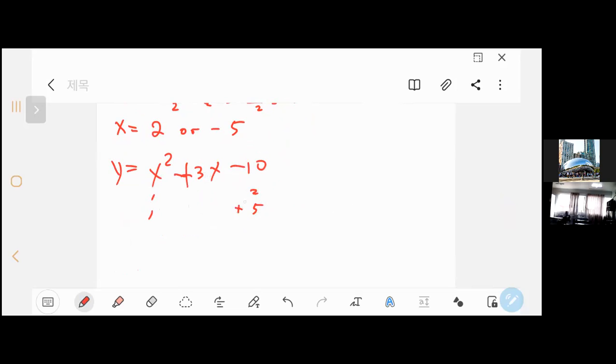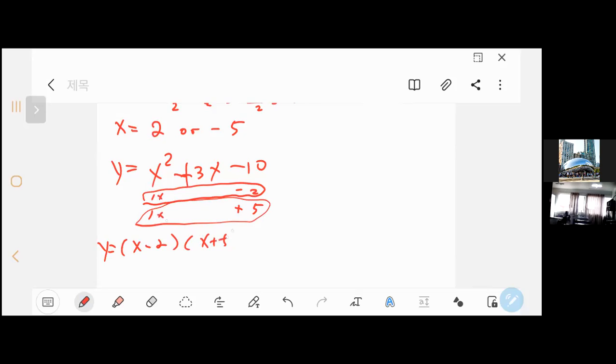So that should be 5 and that should be minus 2. So my y is going to be x minus 2 times x plus 5, which means when y equals 0, you get x equals 2 or x equals minus 5, which is the same thing we got in the previous question.